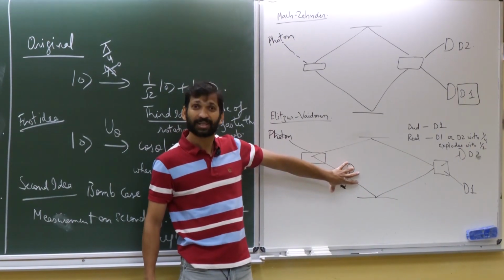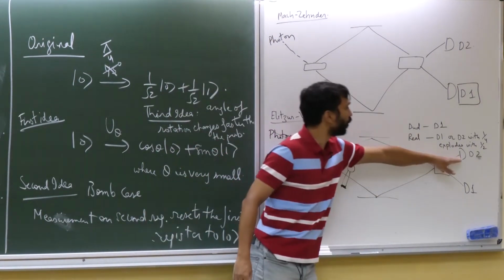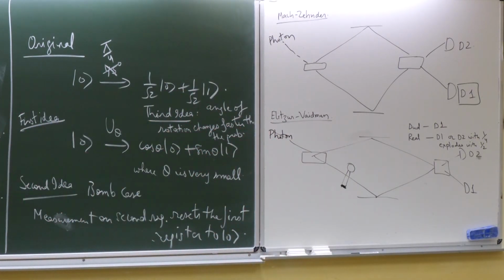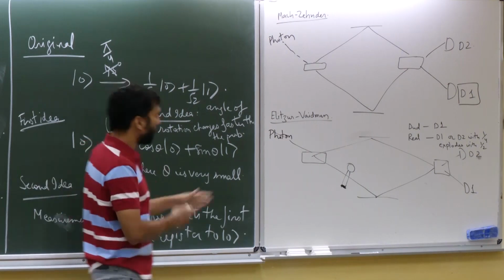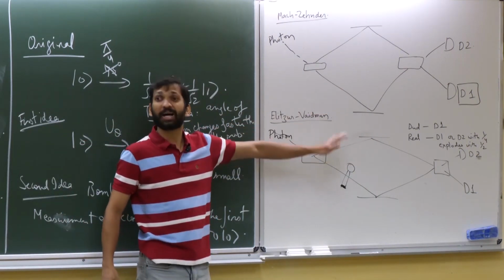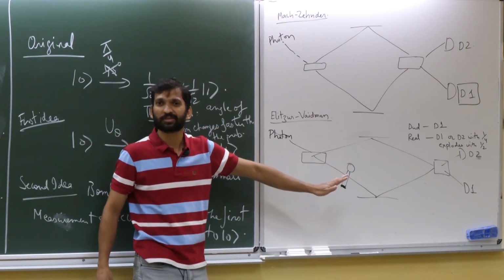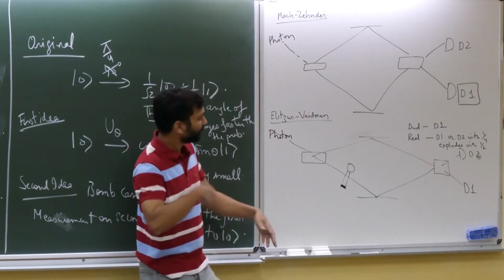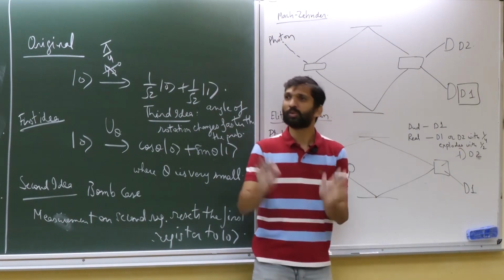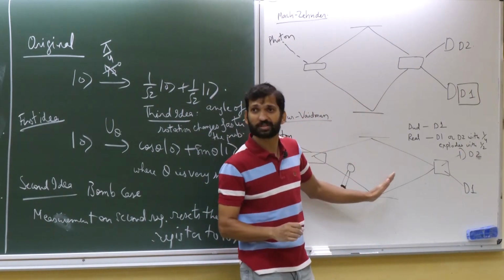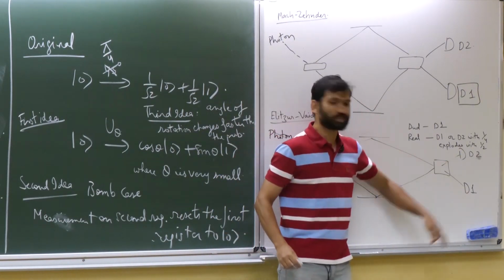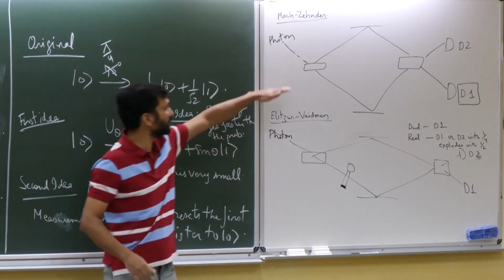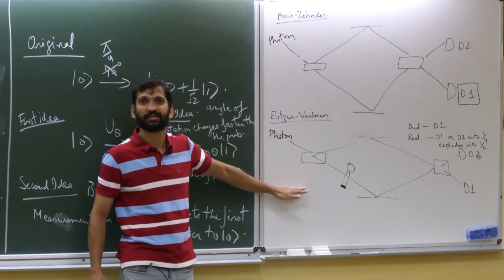Can I put some other gate here so that I always measure D2? So bomb was a measurement, correct? With the bomb, obviously, I can distinguish it with high probability, but not always. So bomb was a device. If I measure at D2, I can distinguish between these two cases. But if I measure at D1, then I am lost. Then I don't know. I might be in this case or I might be in that case.